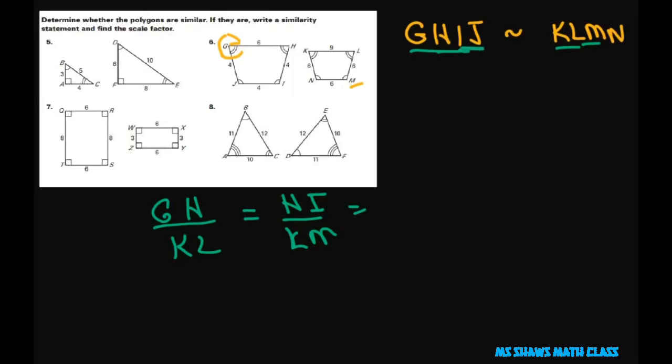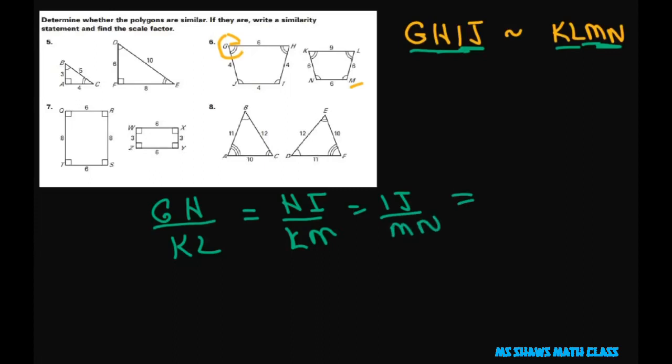So basically that means the angles are congruent. So therefore, what I can write is a proportionality statement. Let's just write it out first. GH to KL equals HI to LM equals IJ to MN.